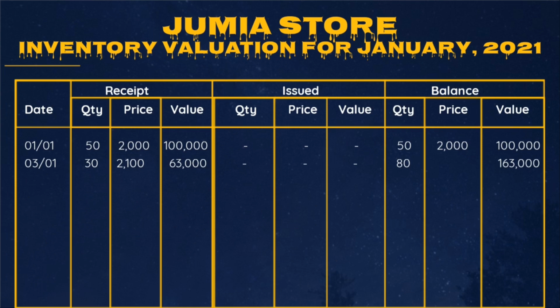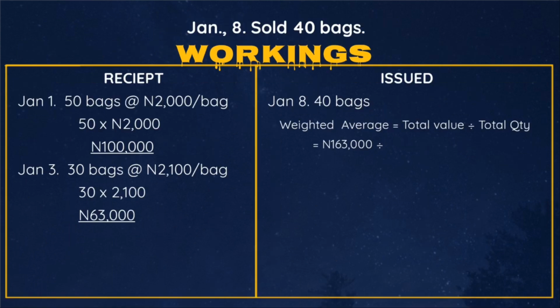Under the balance here, the total value is 163,000, while the total quantity is 80. So they have 80 bags of cement in the store, with a total value of 163,000 naira.